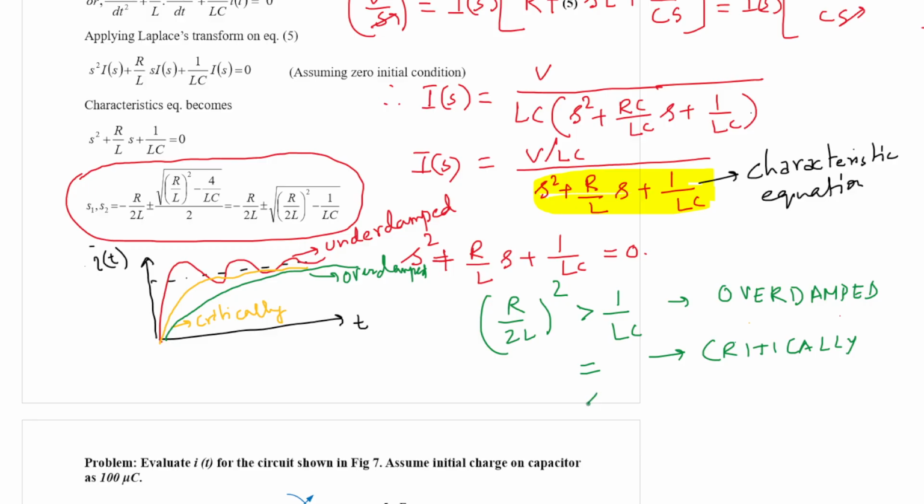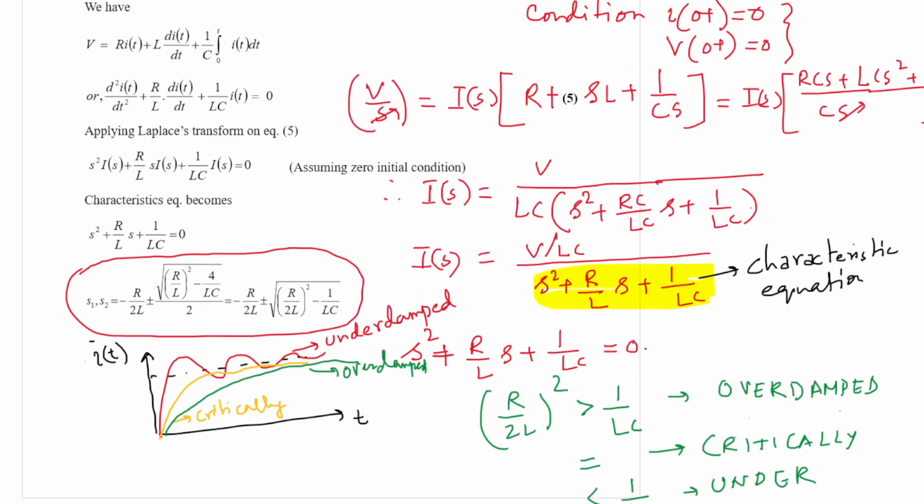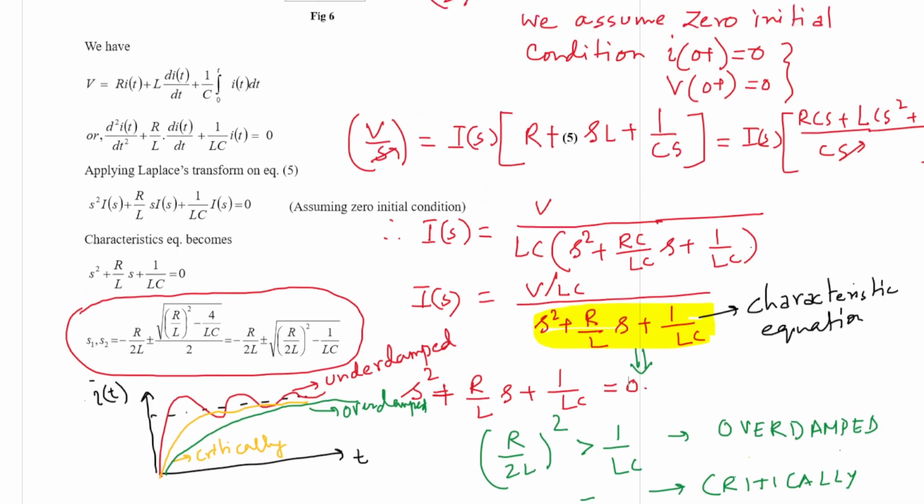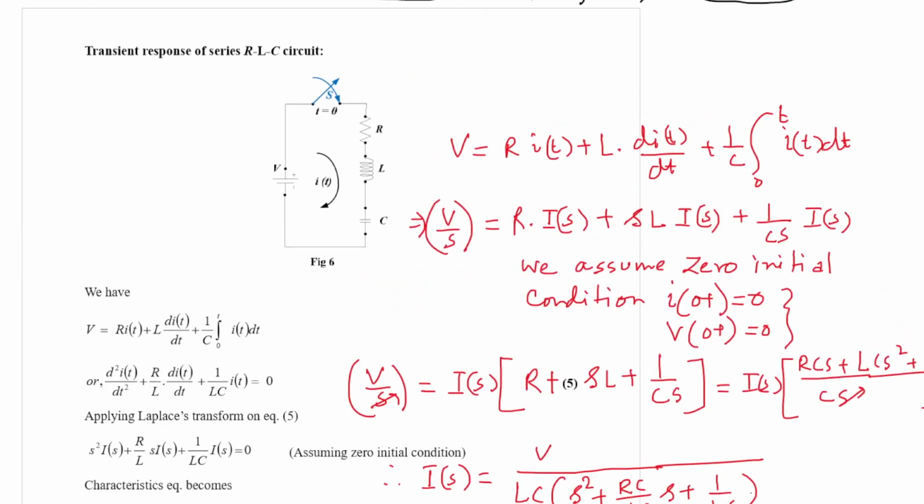And if it is less than 1 by LC, then it is called underdamped. It will perform accordingly, depending on the roots of this quadratic equation, or characteristic equation. So this is the transient response of the series RLC circuit.